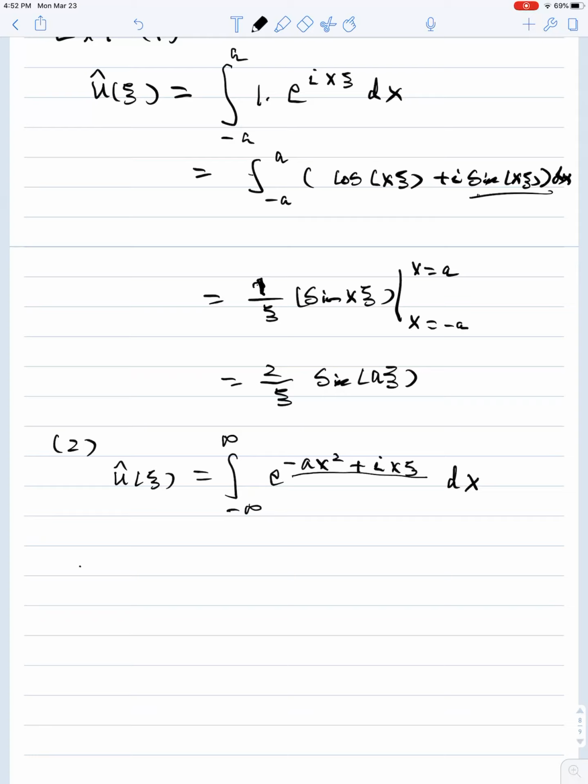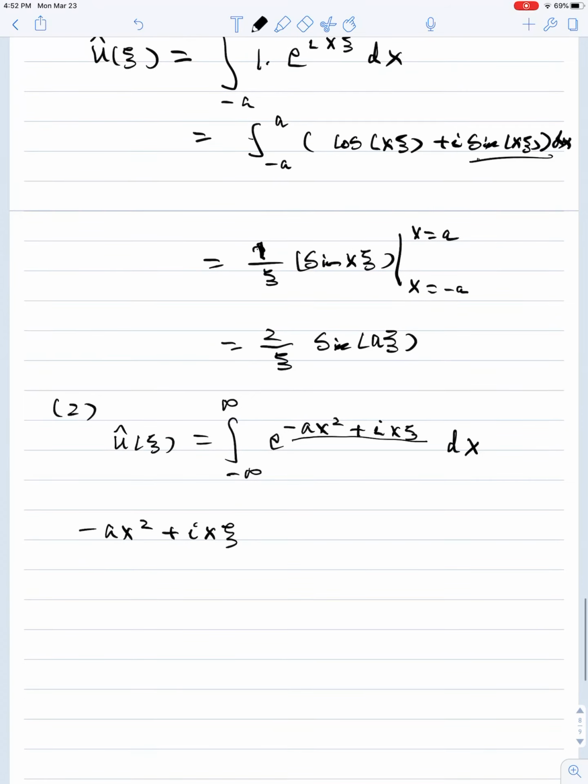So let's do the completing the square. Negative a x squared plus i x xi. I factor negative a out, so I have x squared minus i xi over a, times x.